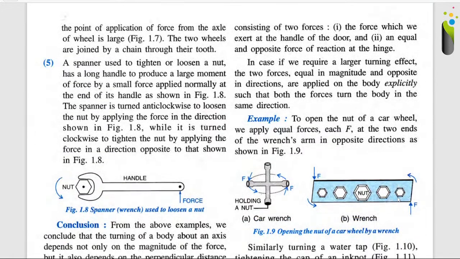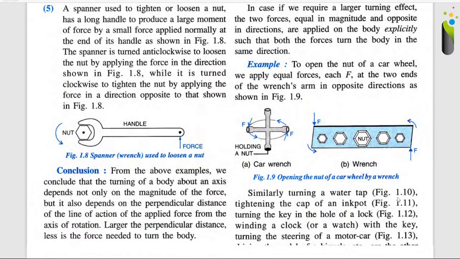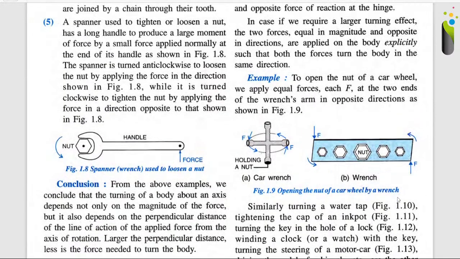How are you? Now coming to the fifth example. A spanner used to tighten or loosen a nut has a long handle to produce a large moment of force by a small force applied normally at the end of its handle as shown in figure 1.8.